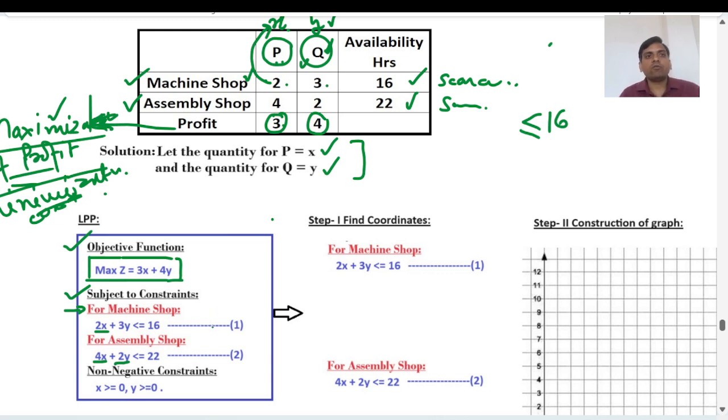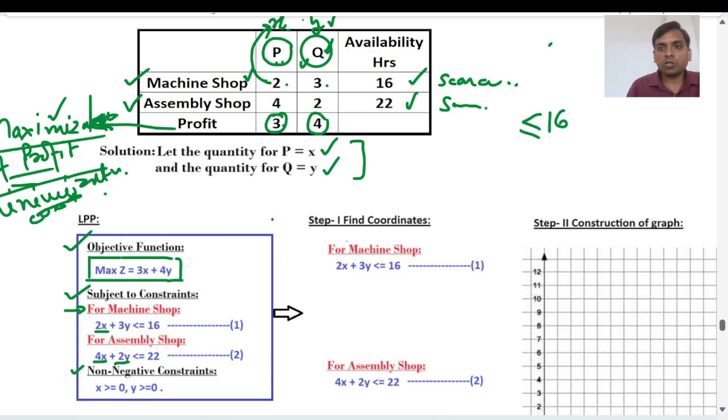In this case, we have only two resources: first is the machine shop and second is the assembly shop, and these are limited to 16 and 22. And the third part is the non-negative constraint. We have written x is greater than or equal to 0 and y is greater than or equal to 0. Why? Because either we will produce the quantity or we will not produce it.